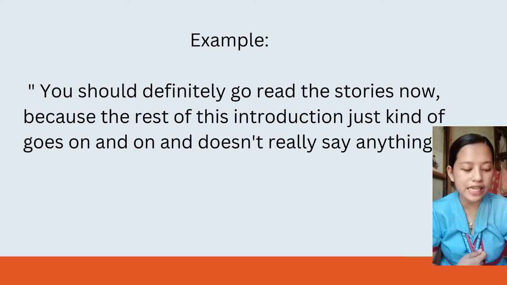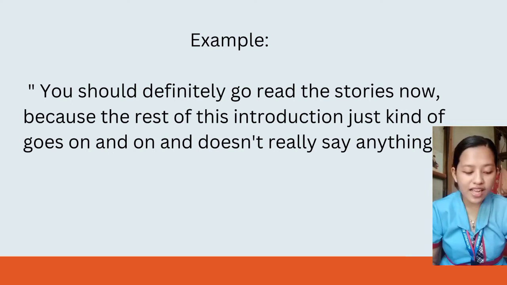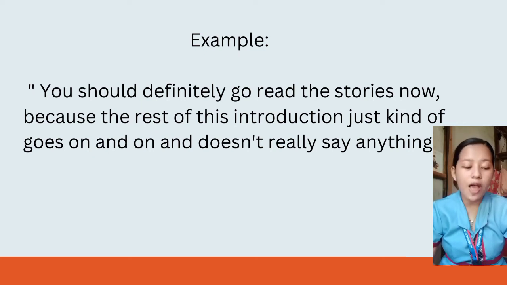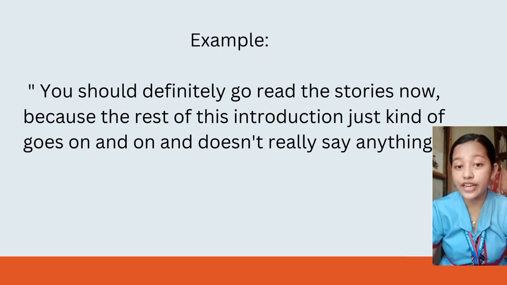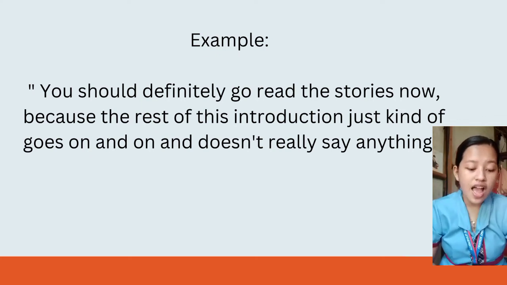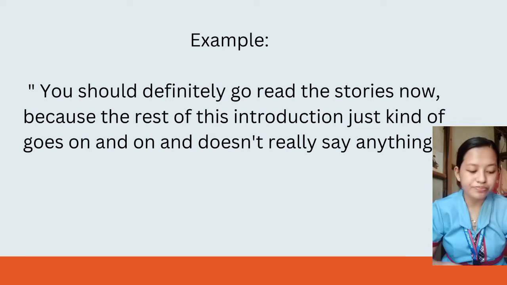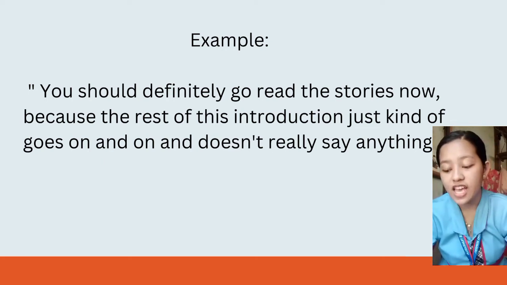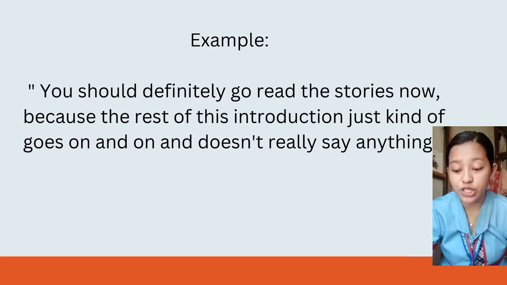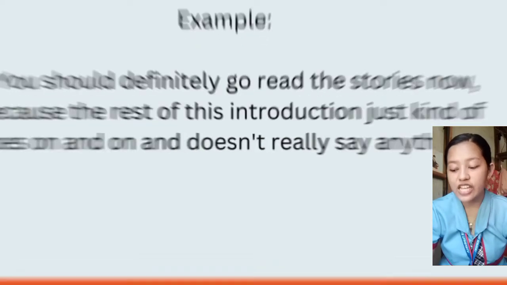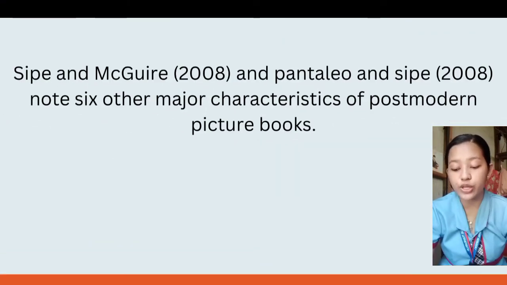For example, in the introduction, Jack writes, "You should definitely go read the stories now because the rest of this introduction just kind of goes on and it doesn't really say anything." Rather than having Scieszka and Smith write the introduction, Jack, from up the hill in the fairy tale forest, takes the direction and in so doing is critical of the introduction concept.